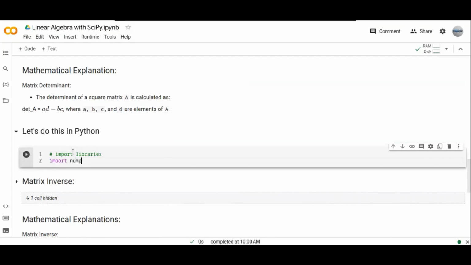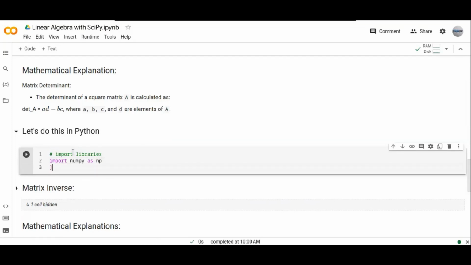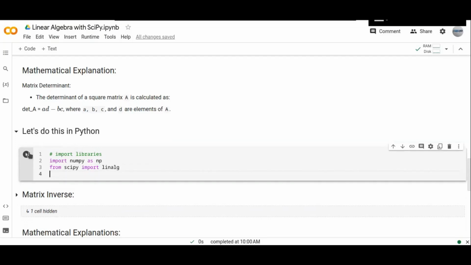Import NumPy as np, and from SciPy, this is the most powerful library used to perform a lot of mathematical computations, especially linear algebra, linear equations, and statistics. We import linalg. This is one of the most important.